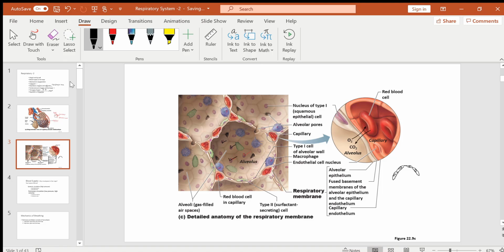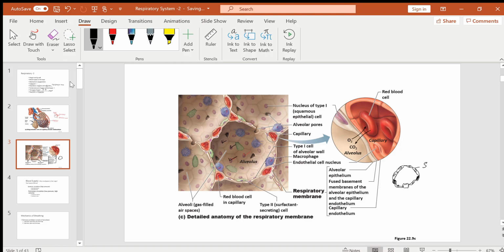Also, in between the simple squamous cells, we see two other types of cells. One is called surfactant secreting cells, or type 2 cells, and another type of cells are called the macrophages. So this is a macrophage. Okay, and simple squamous again. Okay, so this is the wall of an alveolus.